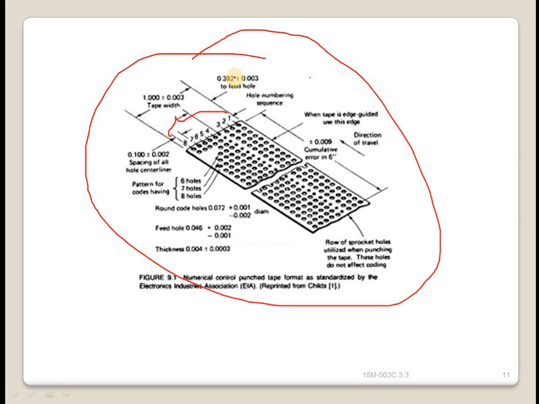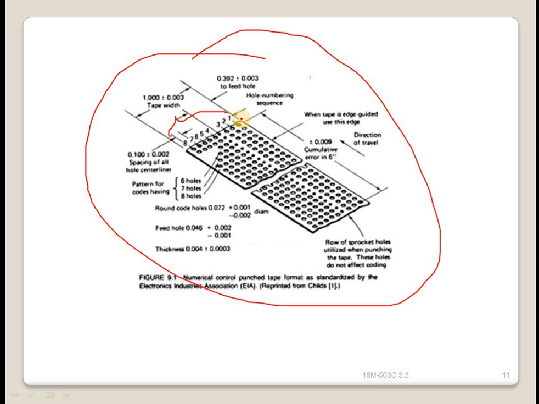However, these are smaller and are used as sprocket holes for feeding the tape. So this figure represents nearly every position of the tape.